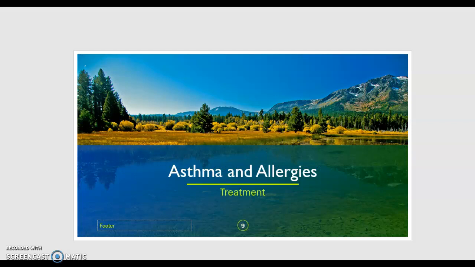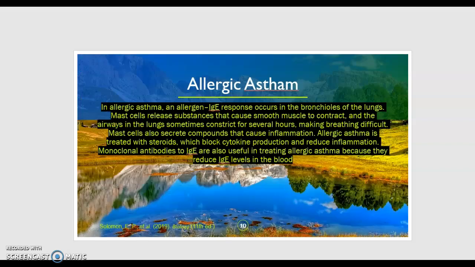Moving on to slide number nine, we'll be talking about asthma and allergies again and some treatments for those conditions. So, in allergic asthma, an allergic response occurs, like we stated, when a substance is released in the bronchi of the lungs and the muscles contract. Those things will lead to an allergic asthma.